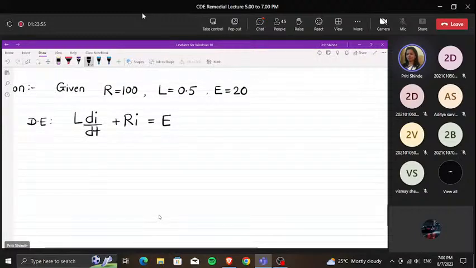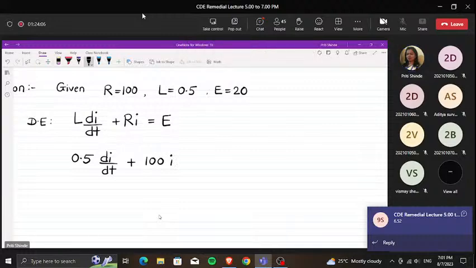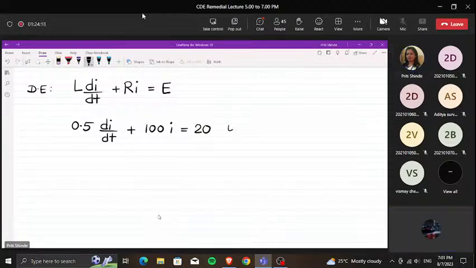So replace values. L is 0.5 di by dt, R is equal to 100I, and E is equal to 20. So your differential equation is ready, and you can see that yes, it is linear in I. Okay.